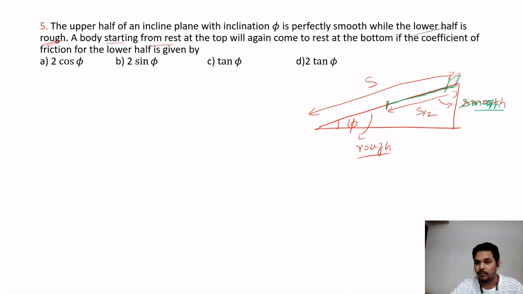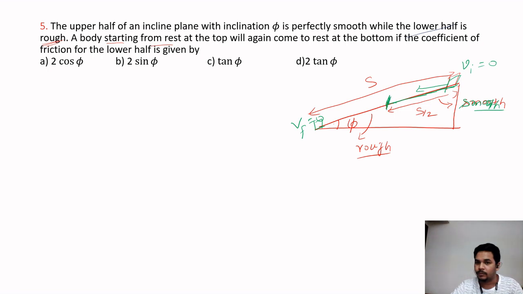Starting from here, V initial we can say is 0. Starting from rest at the top, it will again come to rest, so V final is again 0. When the block has arrived here, the final velocity again becomes 0. As the surface was smooth, definitely the speed will increase up to this point.